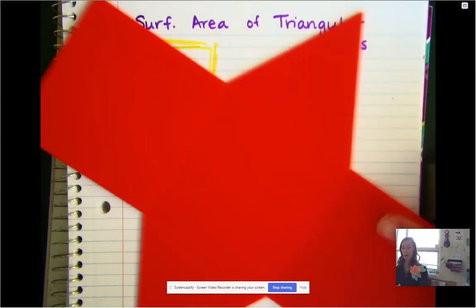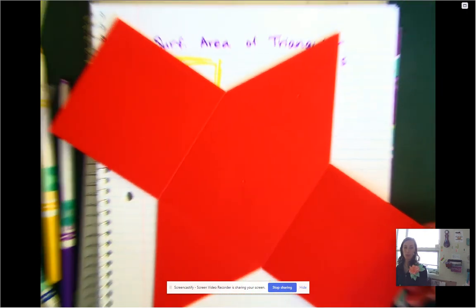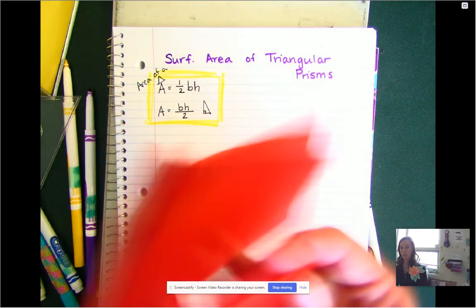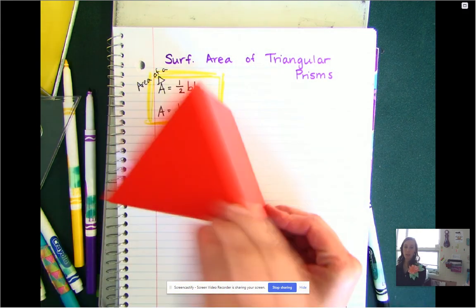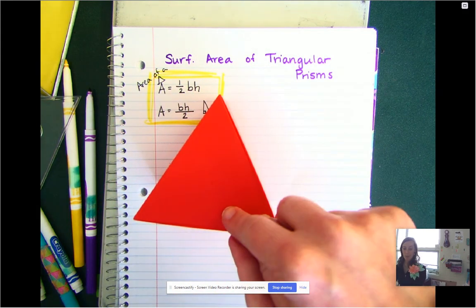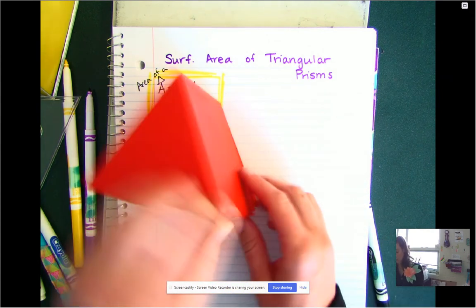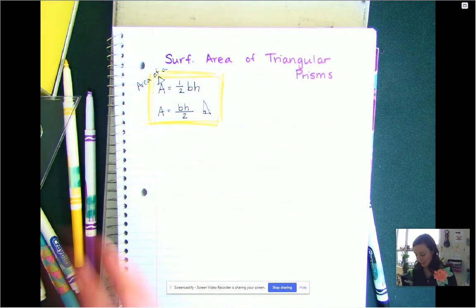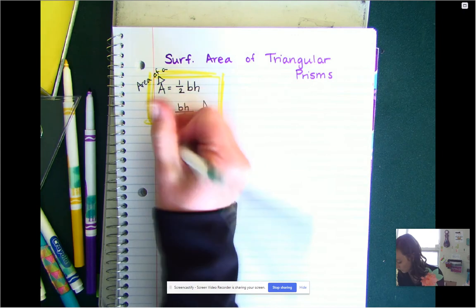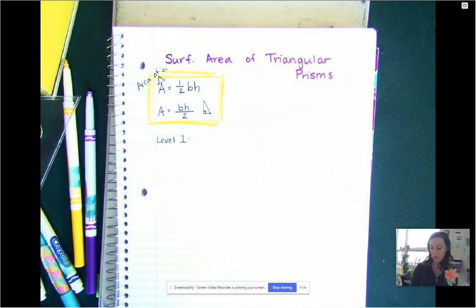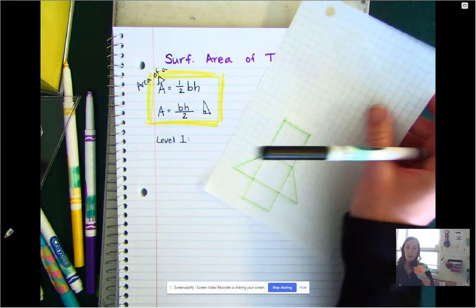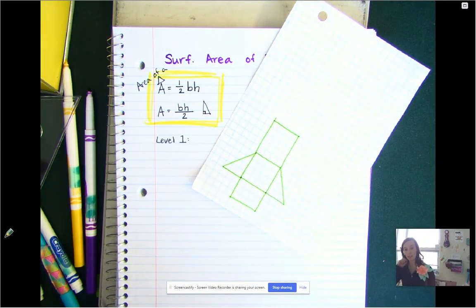A net being, we have unfolded, a 2-dimensional representation of what could fold up to be a 3-dimensional figure. Remember that this is a triangular prism because it has 2 bases and both of them are triangles, hence triangular prism. So again, like last time, level 1 is being able to look at a net that's been cut out for you on grid paper, or drawn out for you, and figure out the surface area.